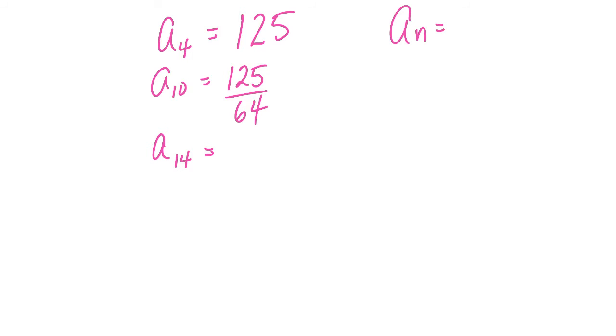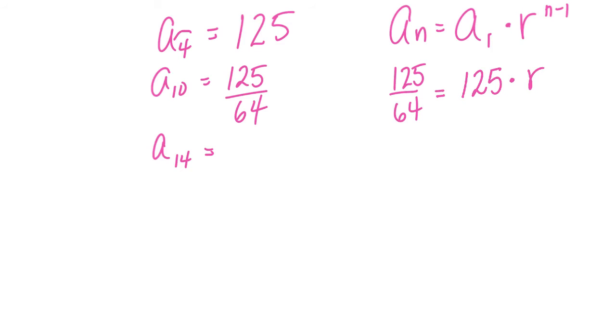I know my formula is a sub n equals a sub 1 times r to the n minus 1. And remember, I'm putting in the highest answer is equal to, all right, now I'm going to put the lowest term in. The lowest term is 125, and then I have to subtract the terms. 10 minus 4 is 6.